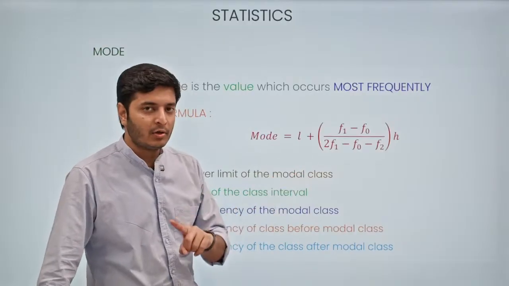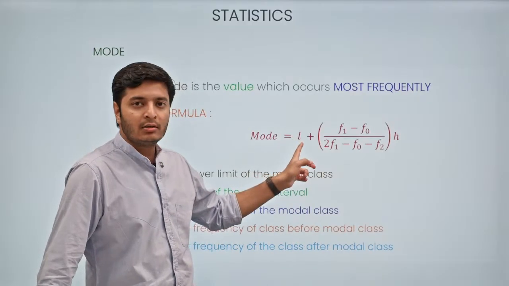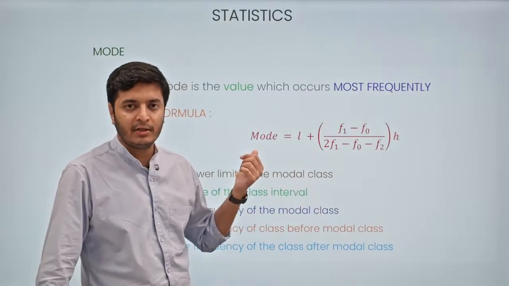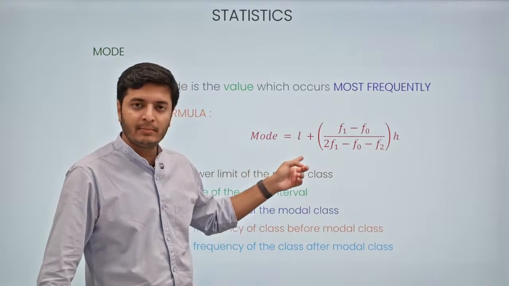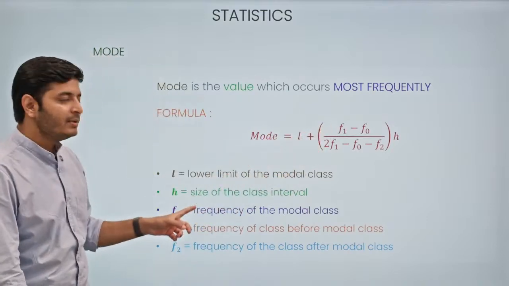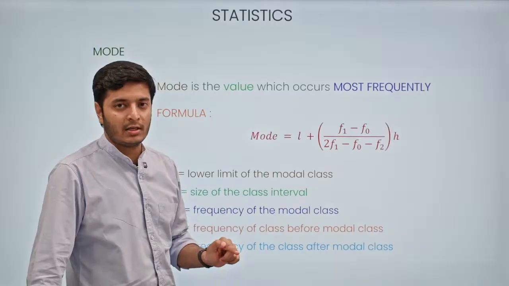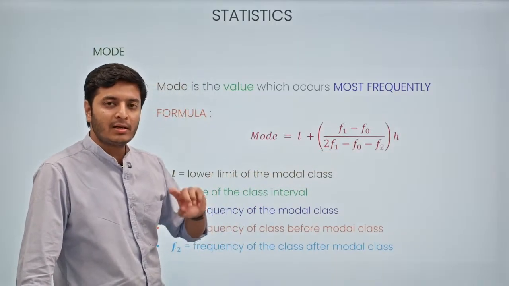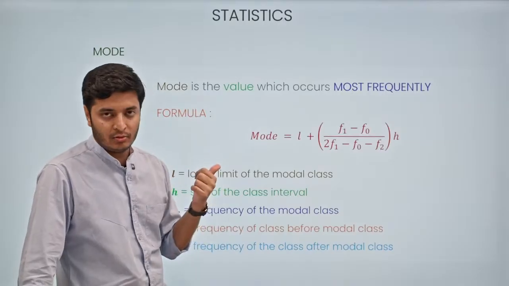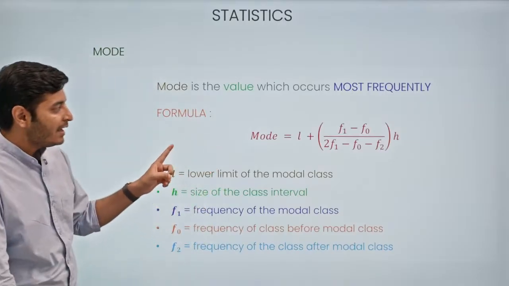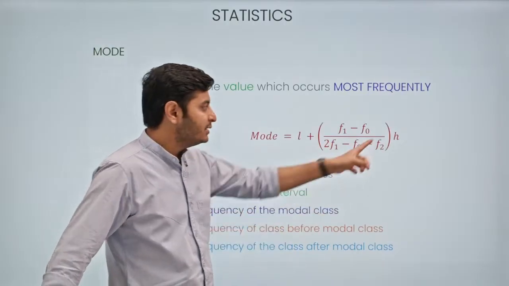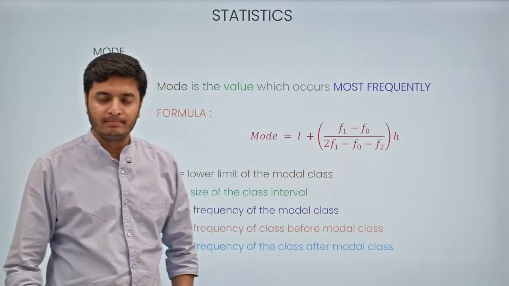After finding the modal class, the lower limit of that modal class is L, same as in the case of the median class. Then F1 will be the frequency of the modal class. F0 will be the frequency of the class interval previous to the modal class. Then F2 will be the frequency of the class interval next to the modal class. Then H is nothing but the class width.